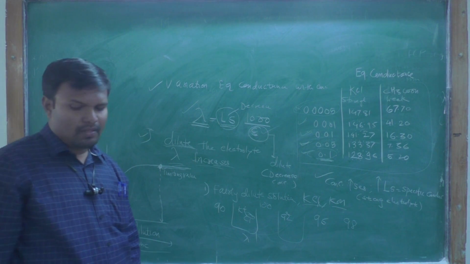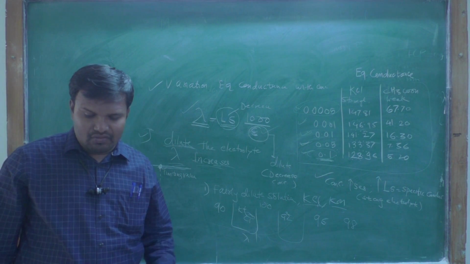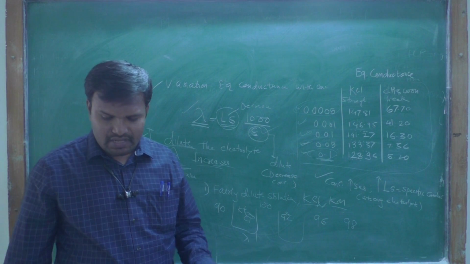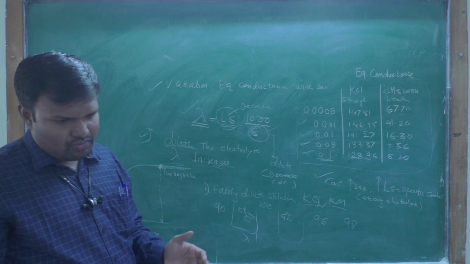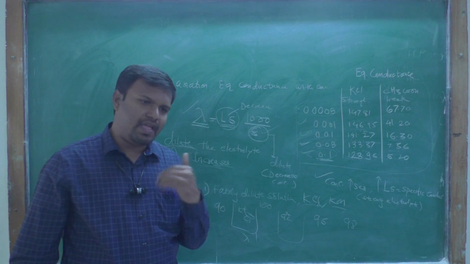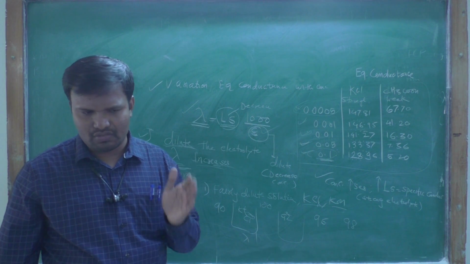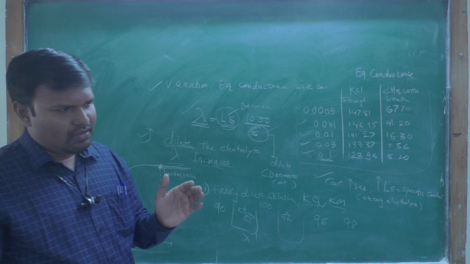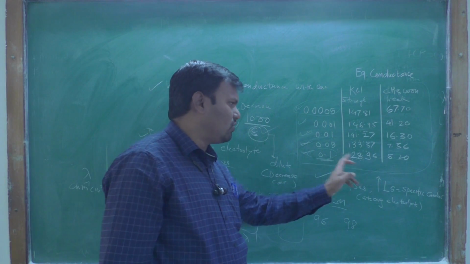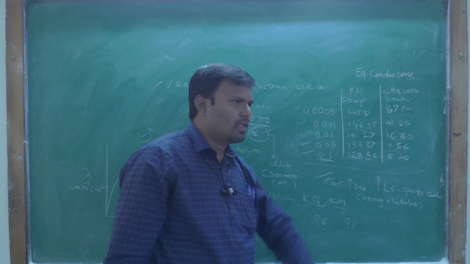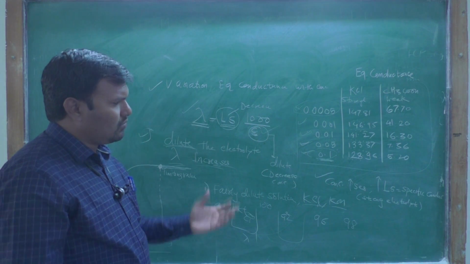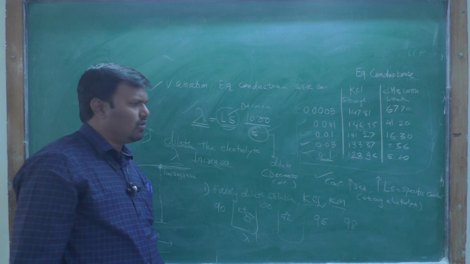electrolyte. And when you take the weak electrolyte like acetic acid at a fairly high concentration, 0.1 or 1 molar, 1 normal concentration, the lambda value is lower than that of the strong electrolyte.